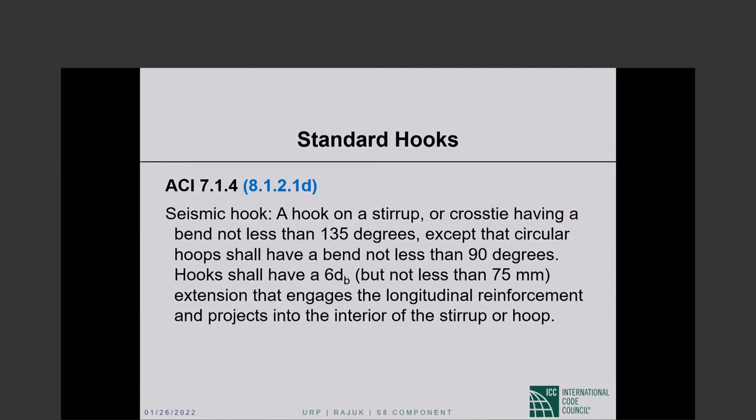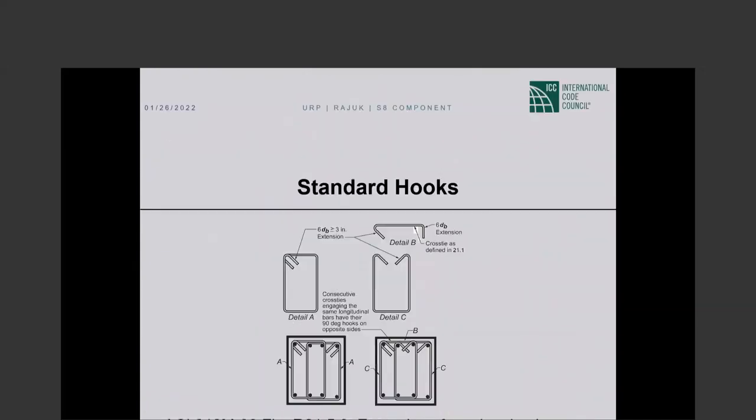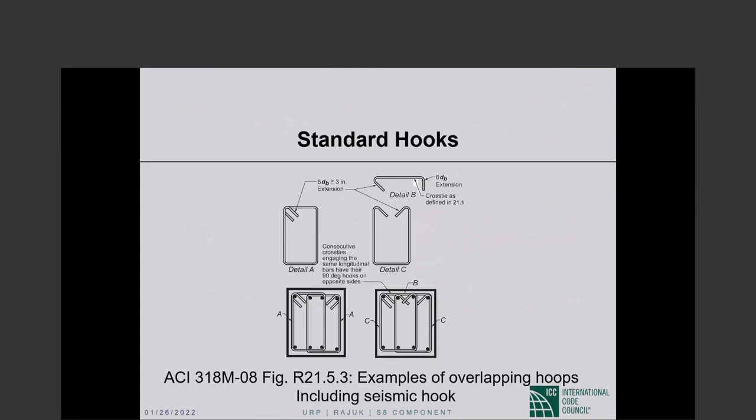Okay, so a seismic hook, very, very important in seismic design, as you will see.